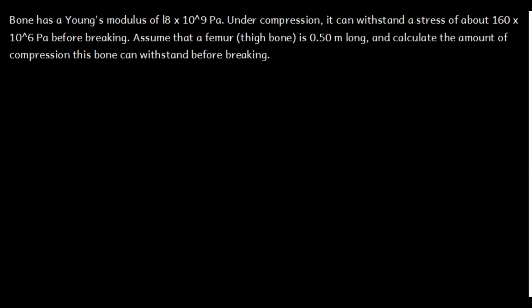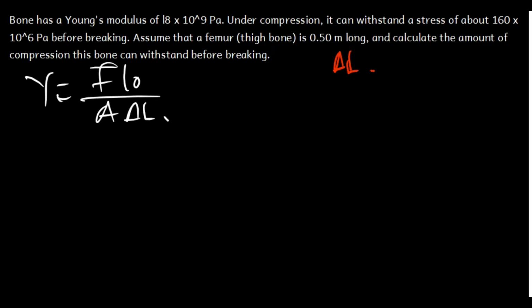I explained that whenever they ask about the amount of compression, or they ask about extension, they're asking about the change in L. So Young's modulus is the force times L initial, over area times change in L. They want us to find the change in L, so we can make change in L the subject of the formula.